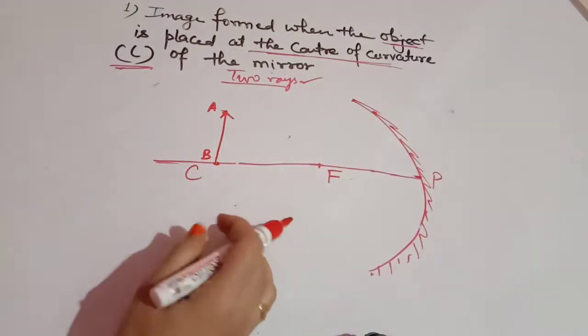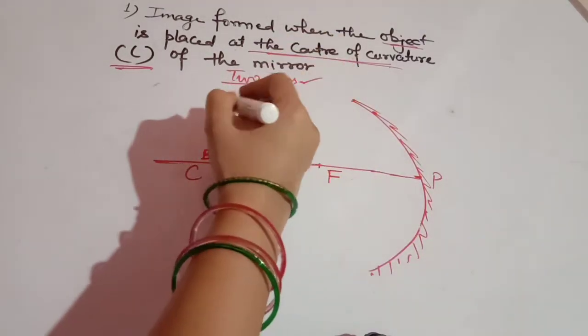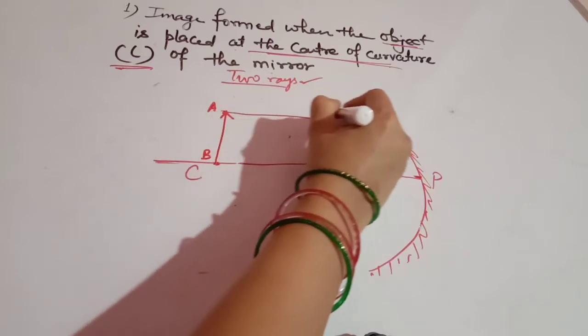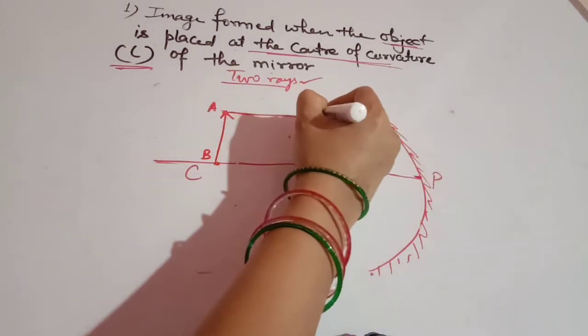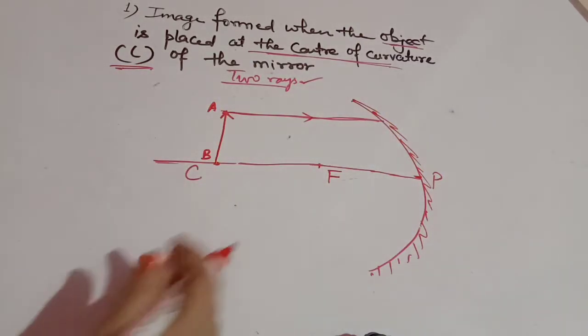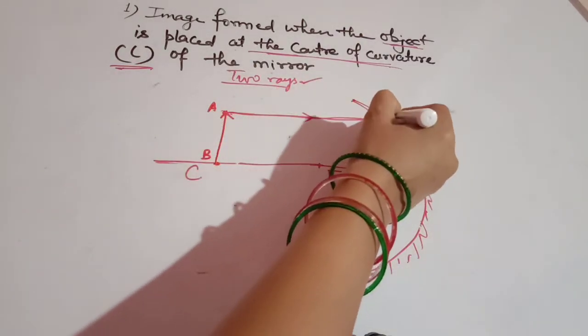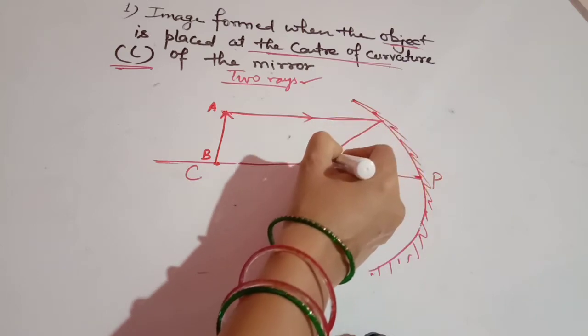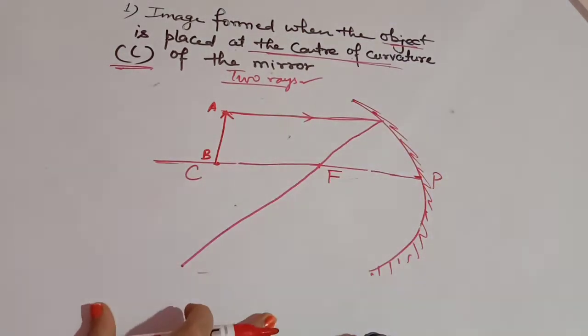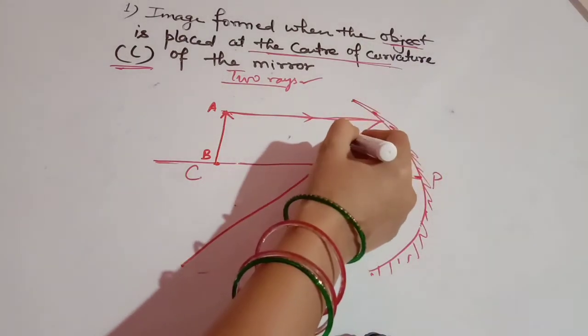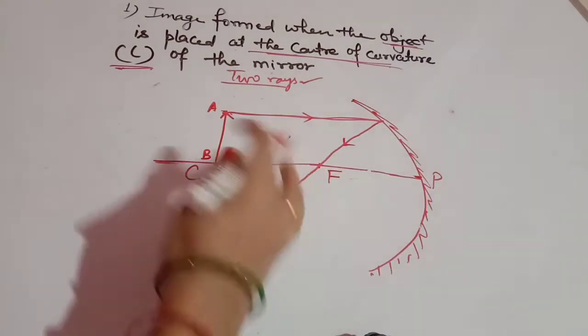So that first rule we apply here, the first ray will be parallel to the principal axis. So this line is parallel to the principal axis. By the rule, this ray will reflect back through the focus. You have to use a scale whenever you do all these things. So this is the reflected line. Now we have the first ray.